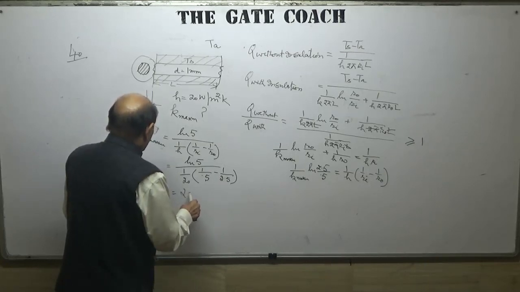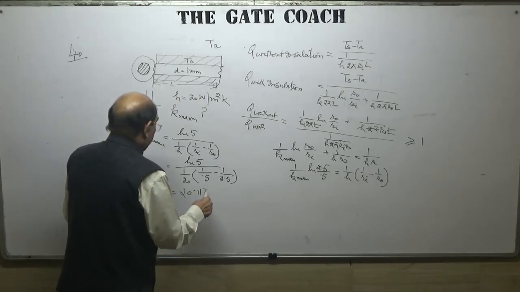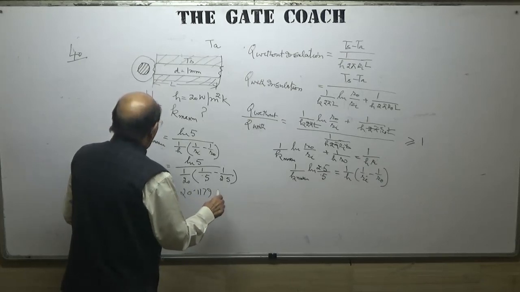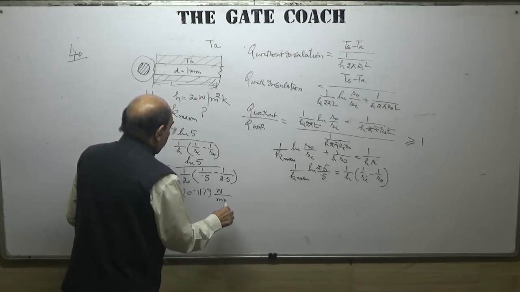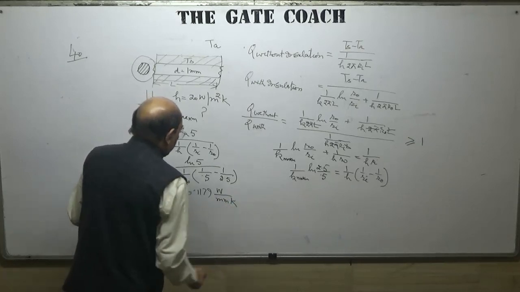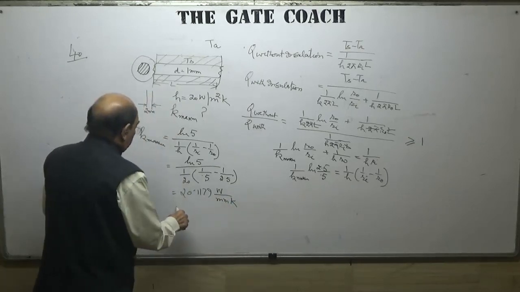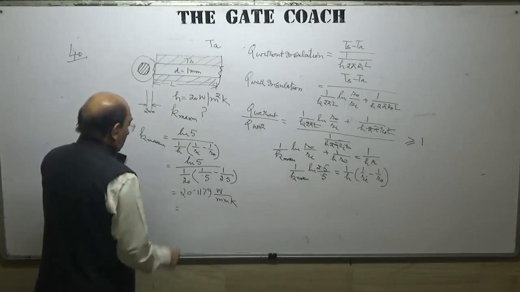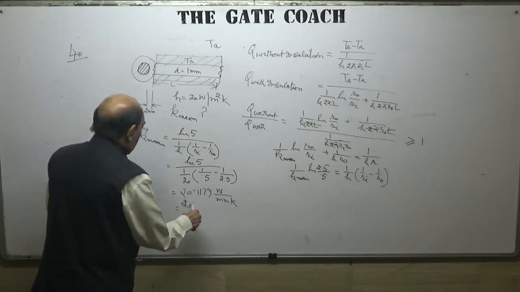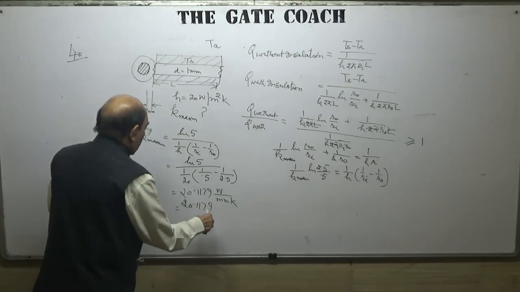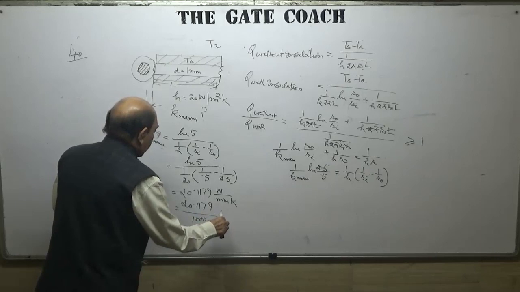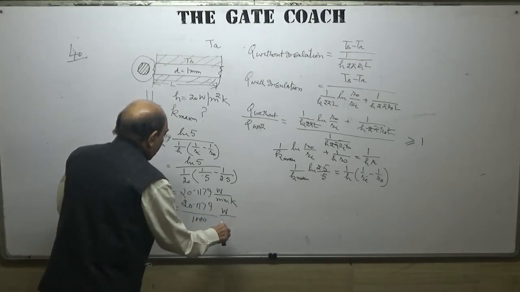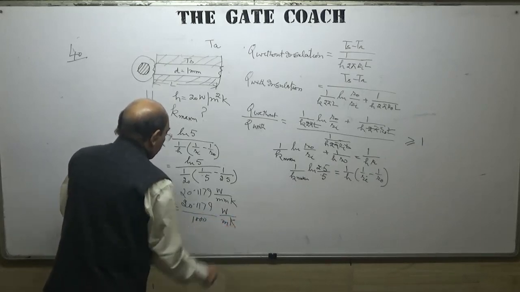It is 20.1179 watt per millimeter Kelvin. Divide by 1000, it becomes watt per meter Kelvin.